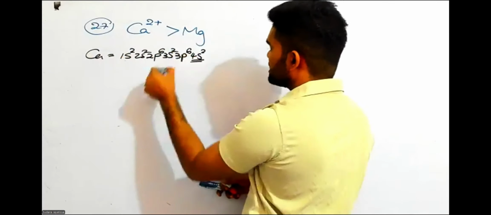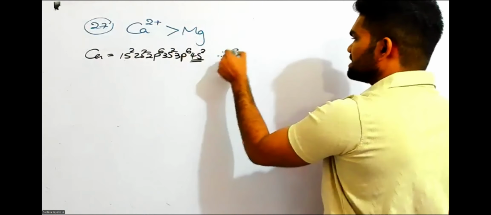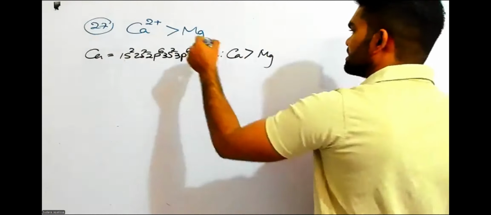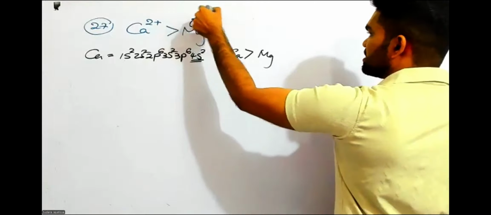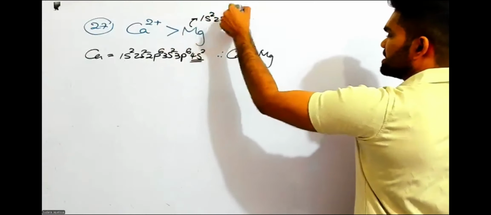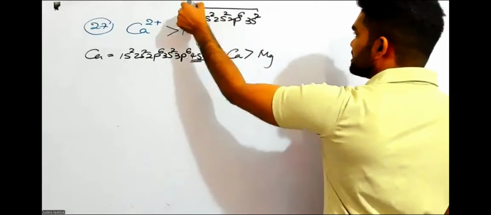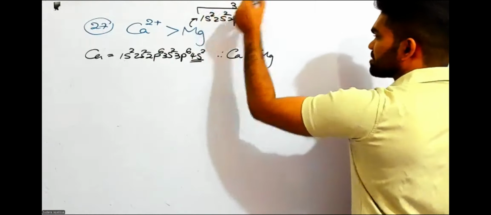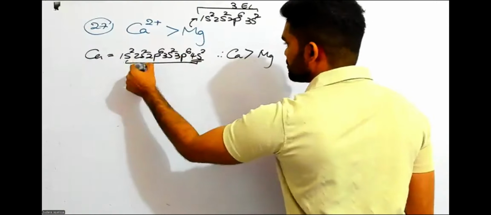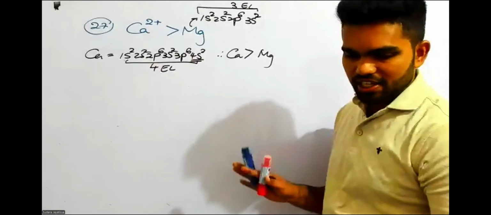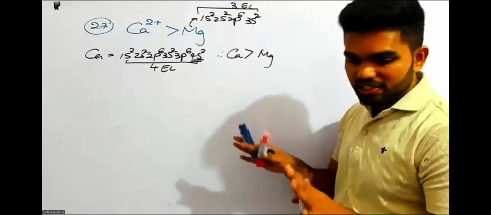So it has 4 energy levels. Therefore, the calcium atom is larger than the magnesium atom, which has 1s2, 2s2, 2p6, 3s2, so only 3 energy levels. So for magnesium and calcium atoms, saying calcium is larger is okay.